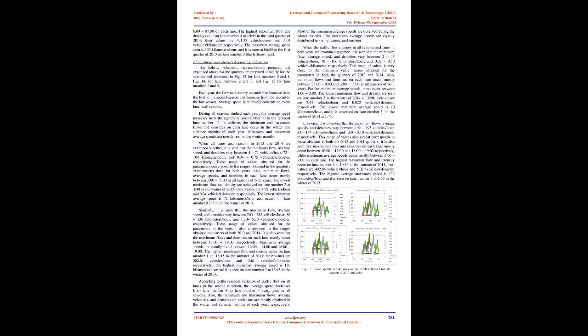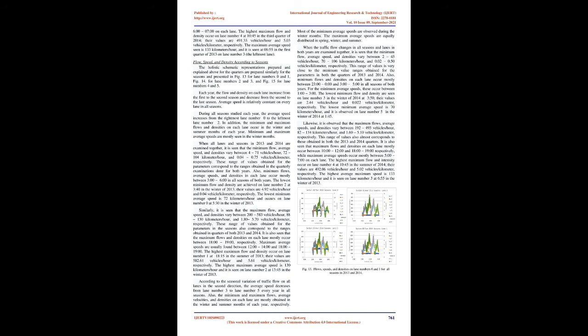The lowest minimum flow and density are seen on lane number 3 in the winter of 2014 at 3:50. Their values are 2.44 vehicles/hour and 0.022 vehicles/kilometer, respectively. The lowest minimum average speed is 70 km/hour, and it is observed on lane number 5 in the winter of 2014 at 1:45.